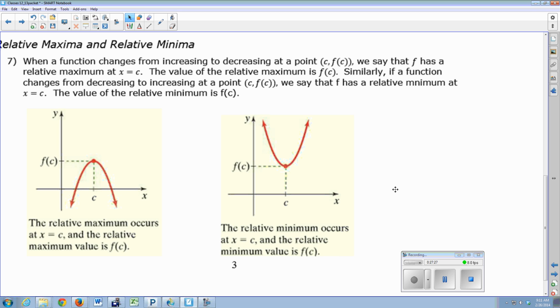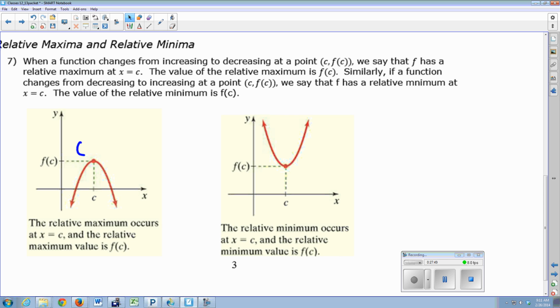This function on the interval of negative infinity to c is increasing. If you just follow my line, it's increasing right up until, boom, we get to that highest point. What would be the coordinates of that point?